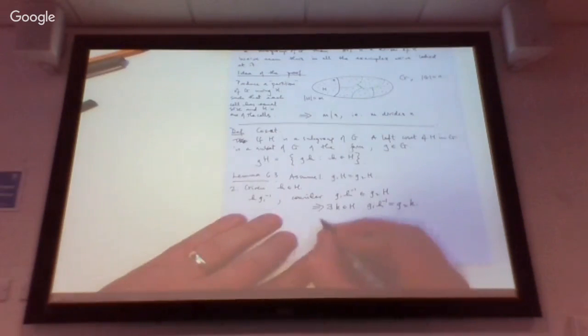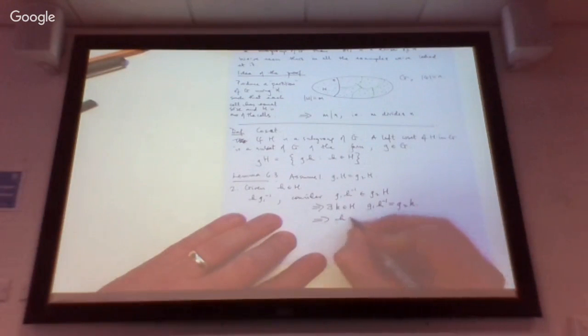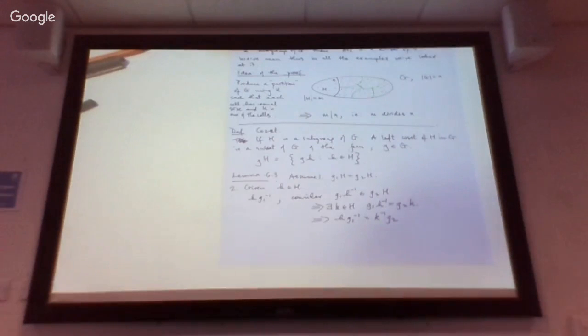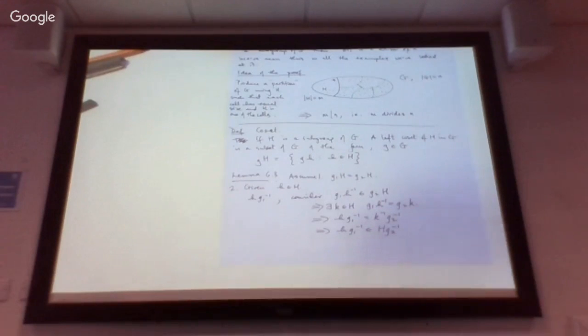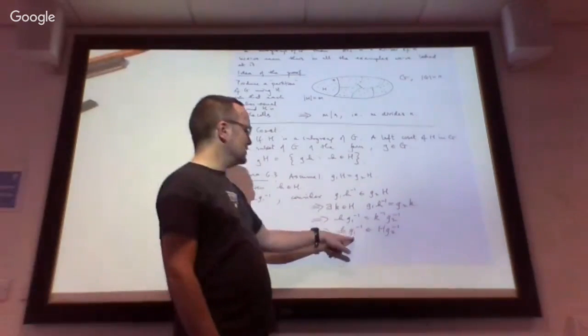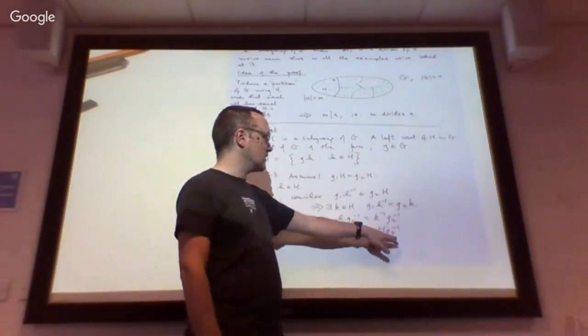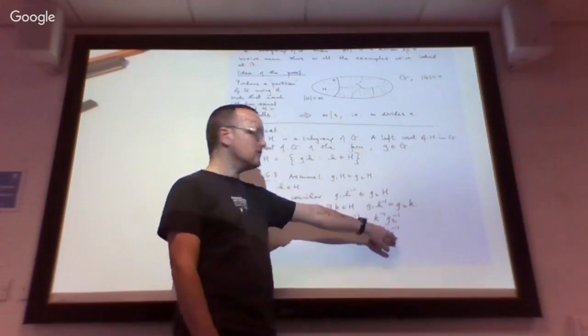But then taking the inverse of both sides, that implies that H G1 inverse is equal to K inverse G2 inverse. That implies that this element H G1 inverse is an element of the right coset of H corresponding to G2 inverse.